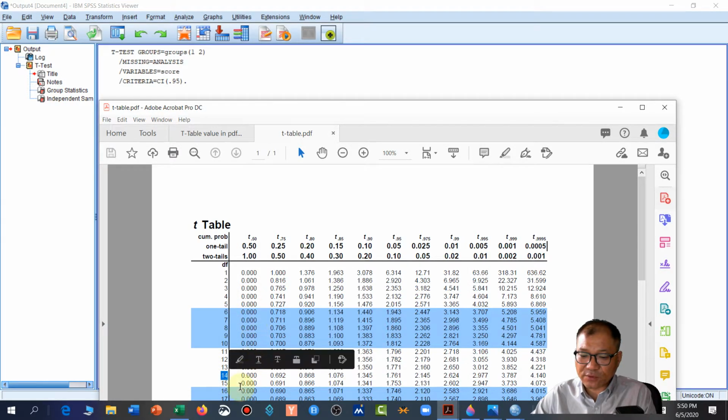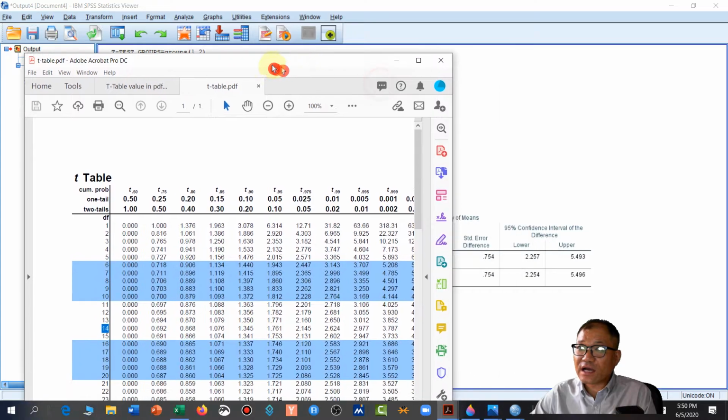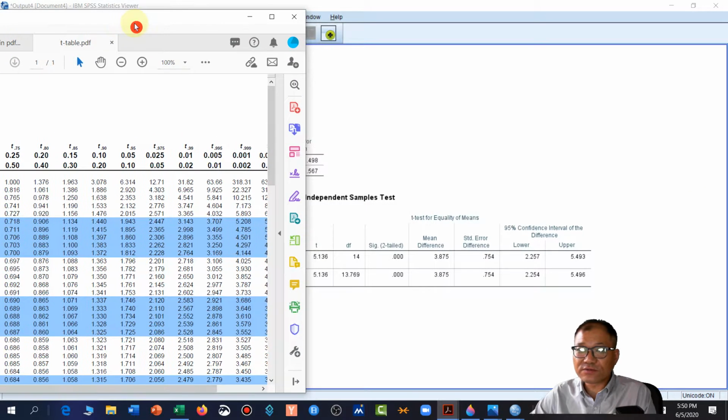What about the 0.01 level? Your t-value should be equal or greater than 2.977. What about 0.001? Your t-score should be equal or greater than 4.140 when the df is 14. So our df in the first example is 14, right?